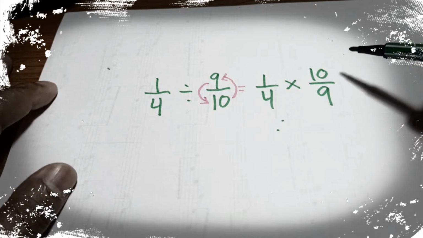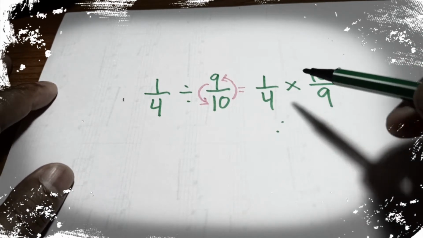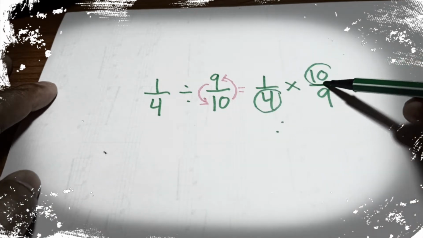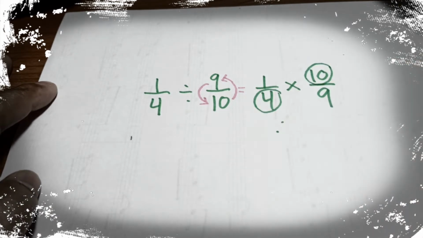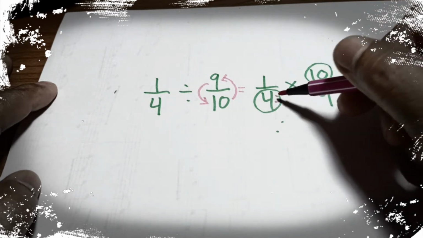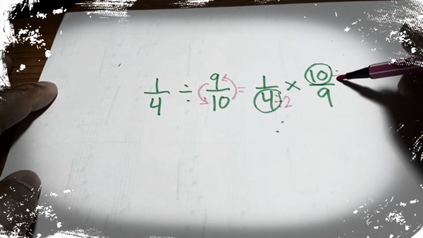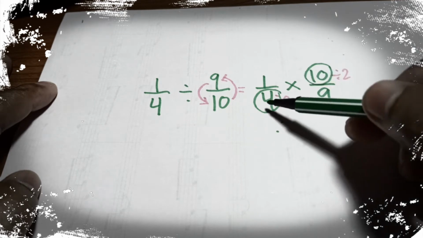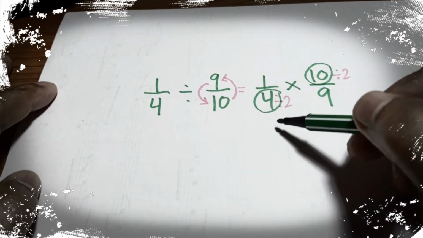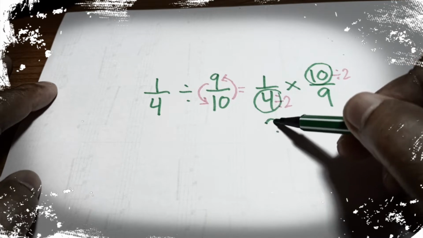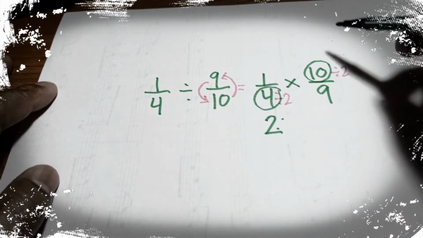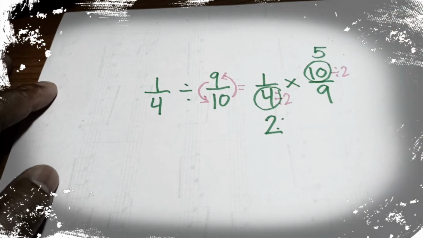Now as you can see here, 4 and 10 are both divisible by 2, so you can divide it by 2. 4 divided by 2 is 2, and 10 divided by 2 is 5.